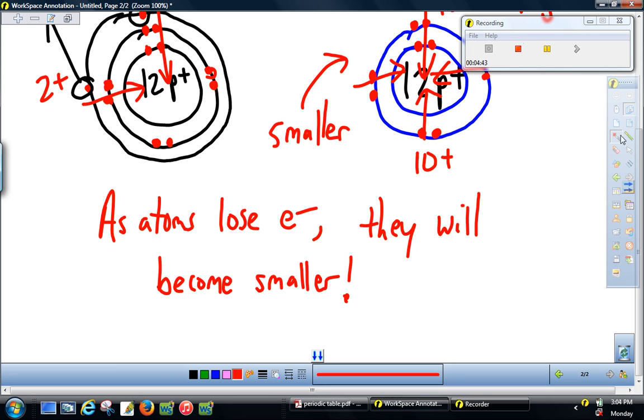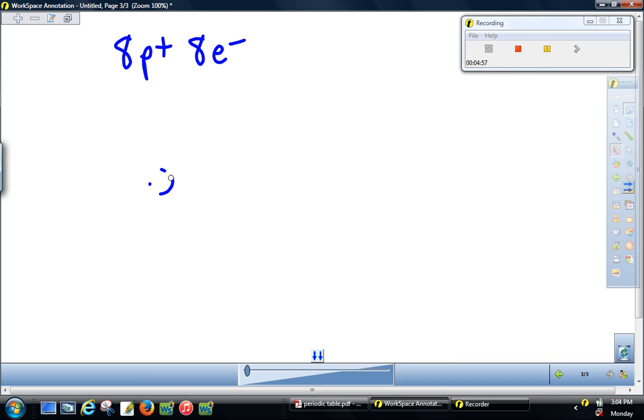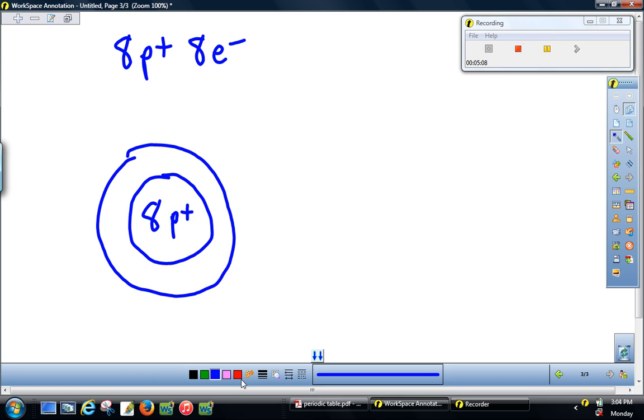Now what happens if an atom steals an electron? Let's look at oxygen. Oxygen has 8 protons and 8 electrons. So I'll draw in the proton number, so we know it's oxygen. It's in period 2, so we know there are 2 shells of electrons.